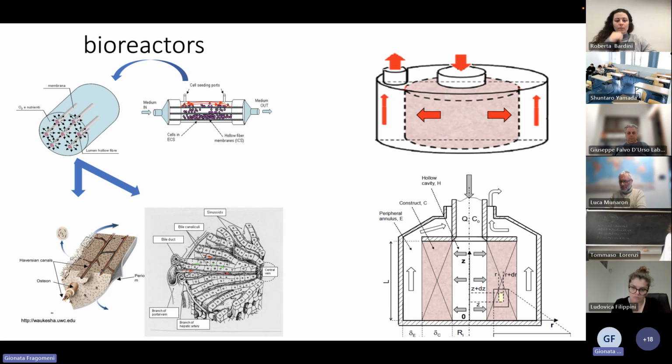The membranes are like a vessel, a vascular bed, and the cells surround these vessels, like in a natural condition. These are very simple to design and to test, but have very high limitations.